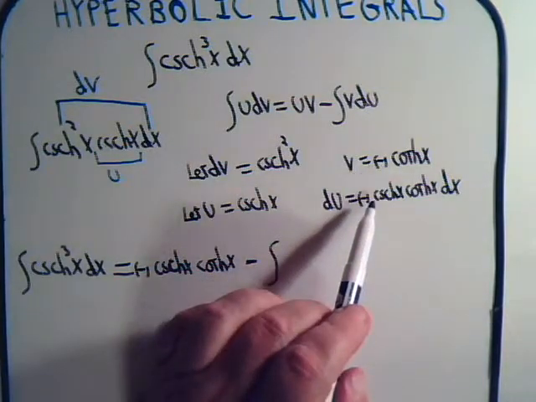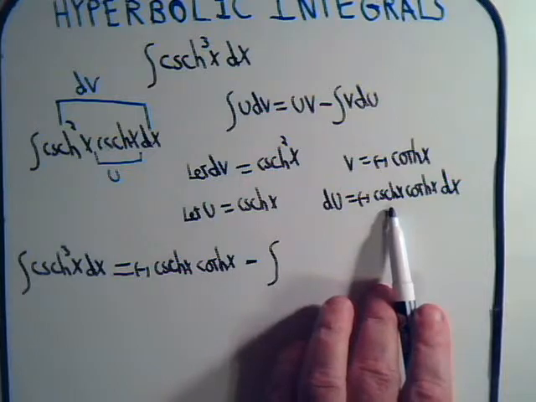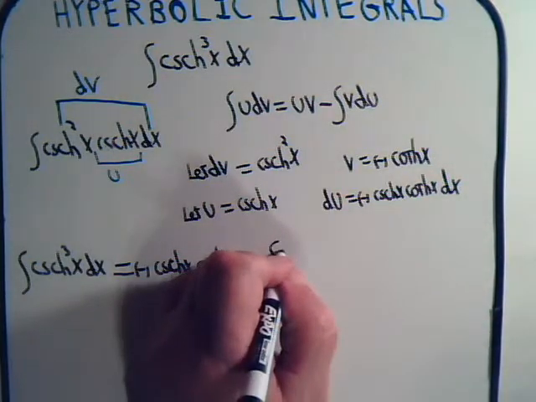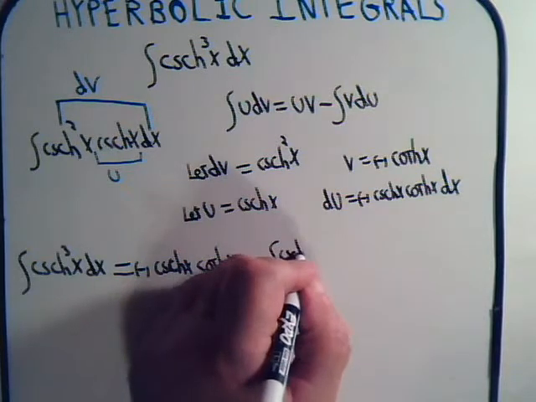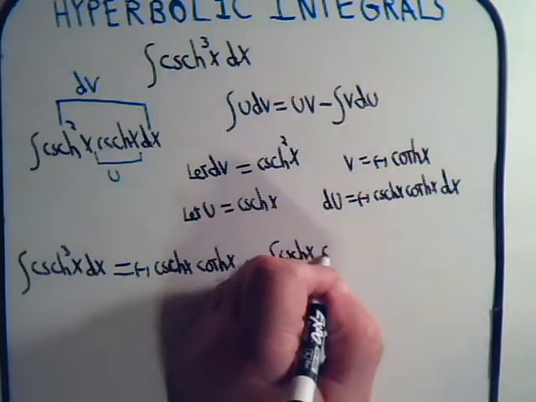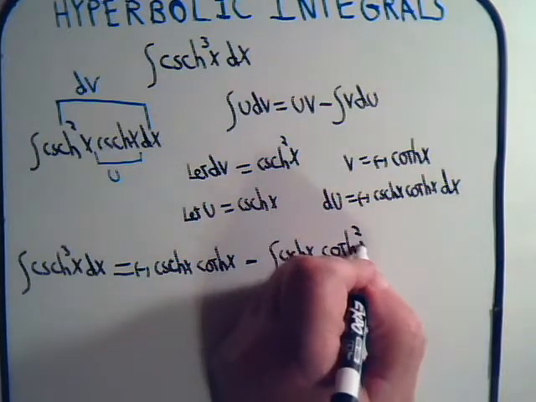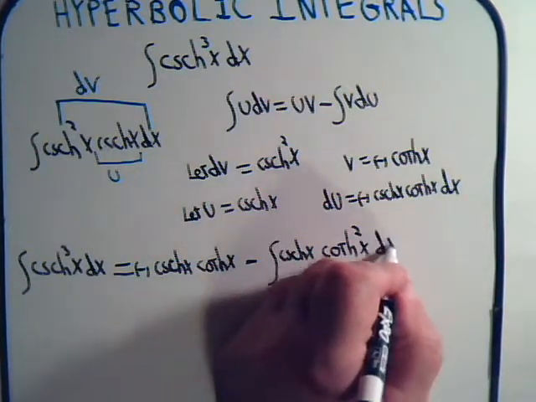Negative, negative makes this a positive, so this negative sign holds, and now we're going to have the cosecant times the hyperbolic cotangent squared of x dx.